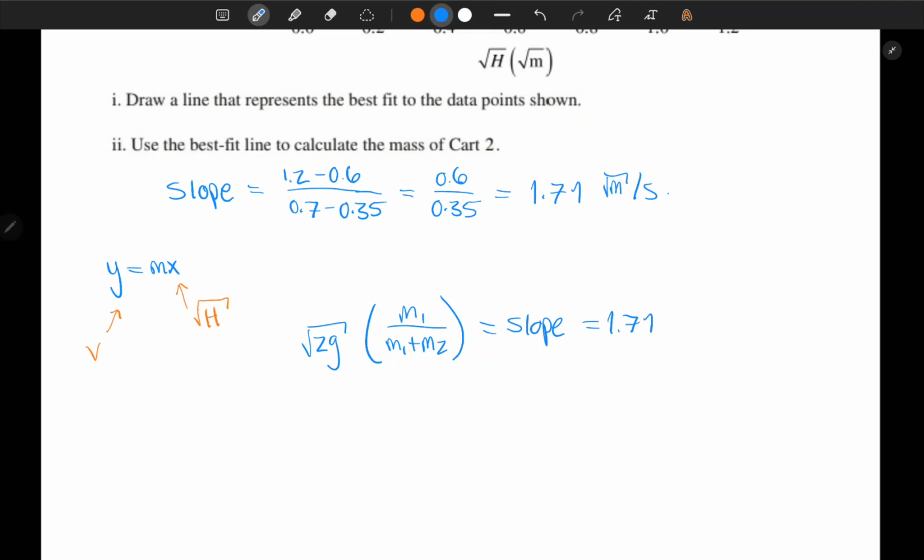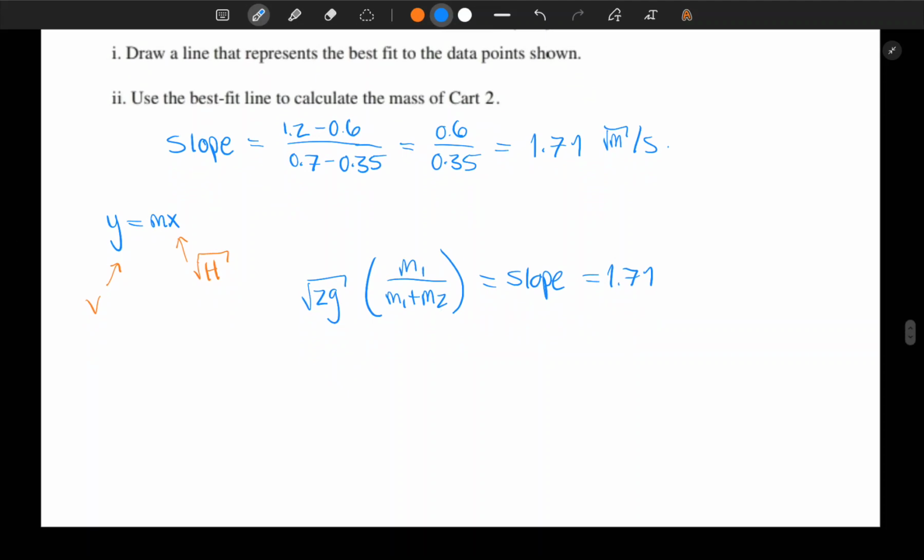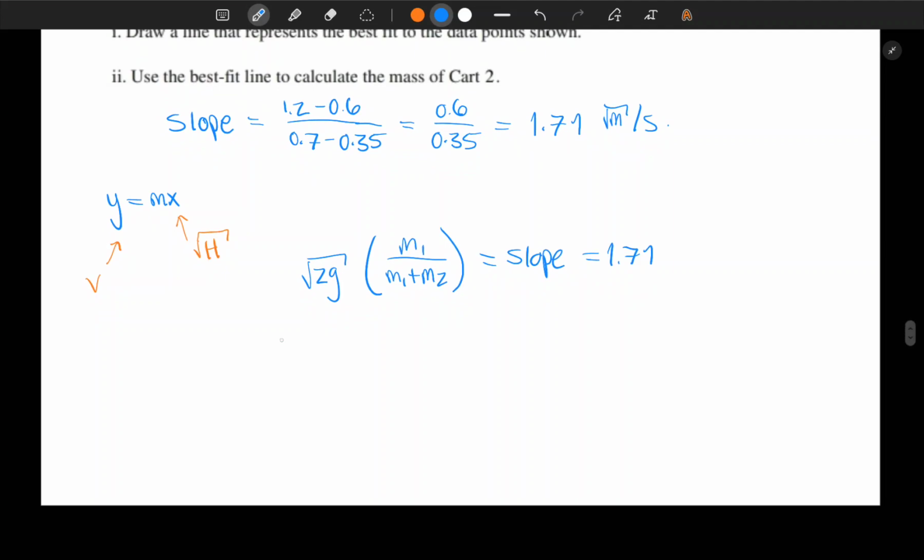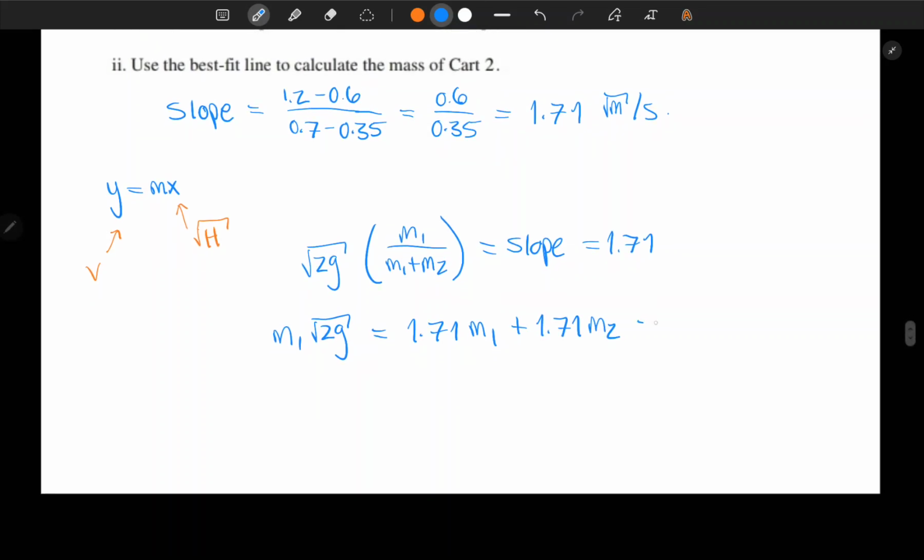Then, simplifying this and solving for m2, which is exactly what we want to find, we see that m1 times the square root of 2g is equal to 1.71 times the first mass plus 1.71 times the second mass. And this implies that m2 is equal to (m1 times the square root of 2g minus 1.71 m1) divided by 1.71.